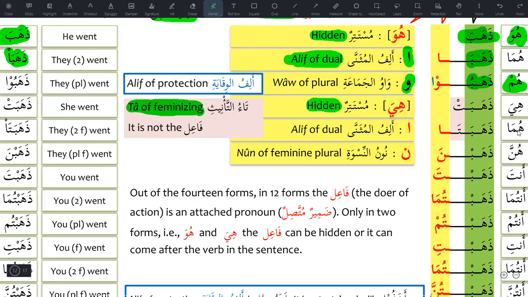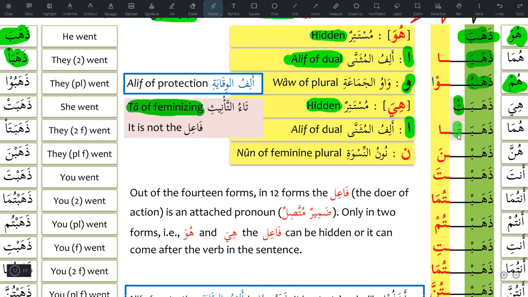Okay. Then huma, dual of muannas, zahabata. Zahaba here is verb. Ta is not fail here. Alif is fail here.